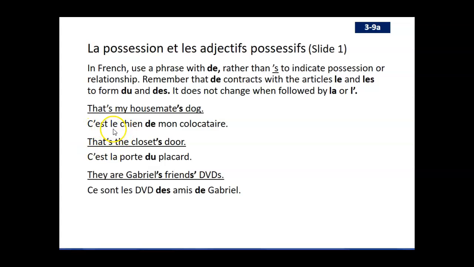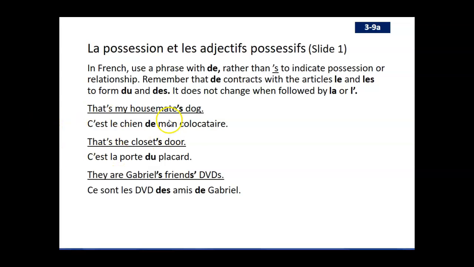So it's c'est le chien de mon colocataire. So dog comes at the end of the sentence in English, but here we're putting it first in that phrase. My housemate's dog becomes the dog of my housemate. The same meaning, just expressed in a different word order. C'est le chien de mon colocataire.